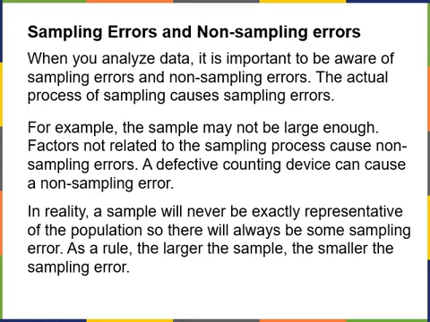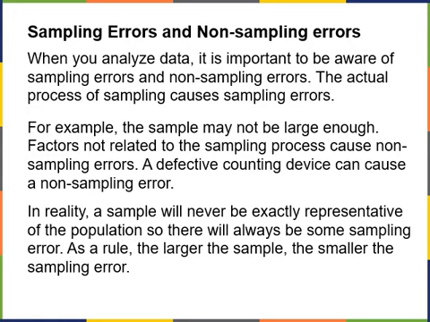A defective counting device, for example, can cause a non-sampling error or technical glitch. Let's say the software or the formula that you created to analyze your results was done incorrectly. That would be a non-sampling error. Or let's say you're tabulating votes in the presidential election and you have a machine that is defective.